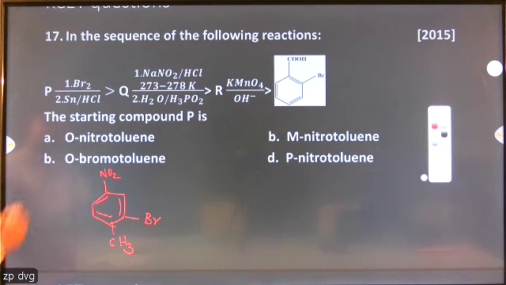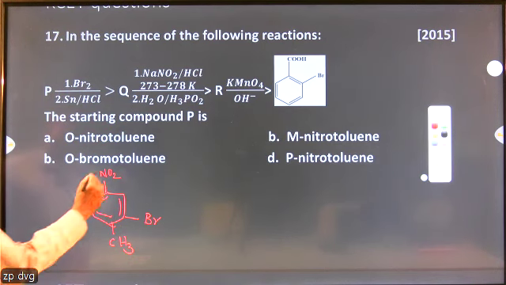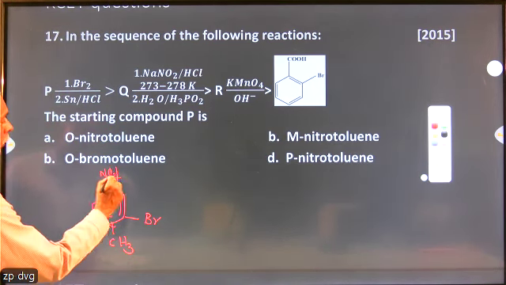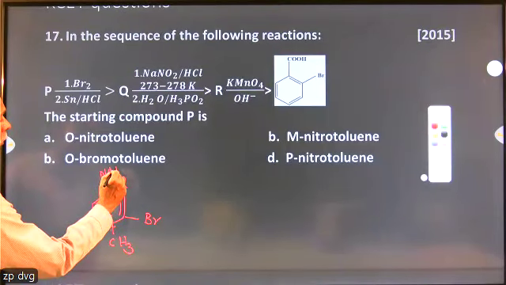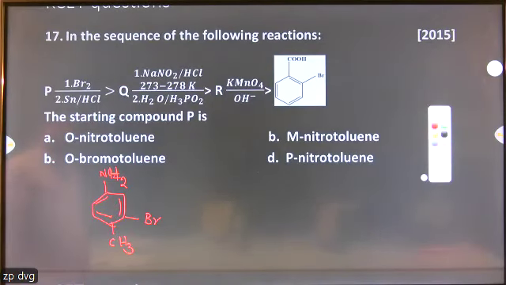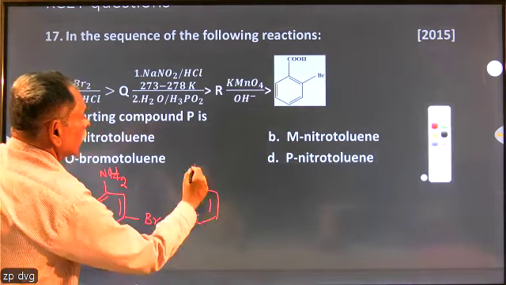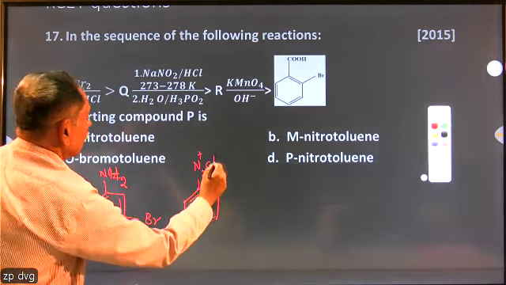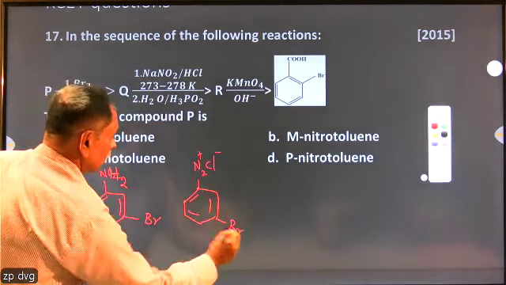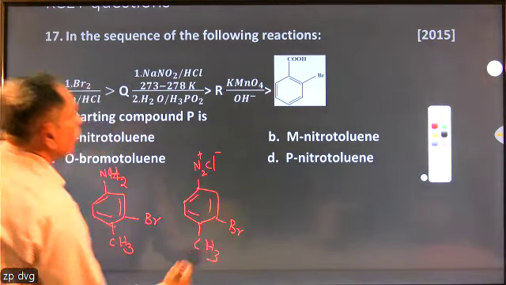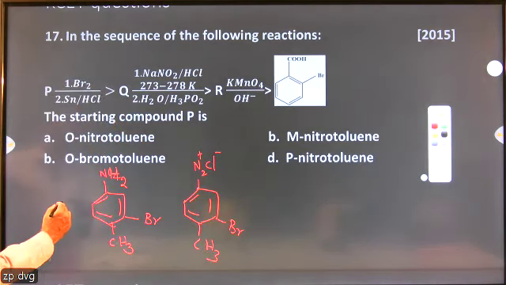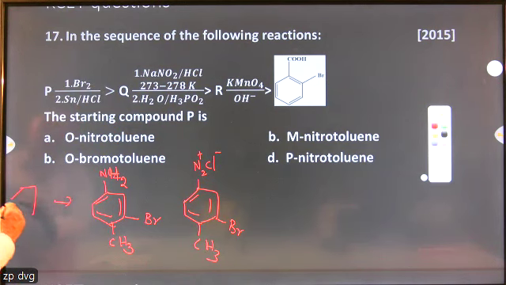Then second, reduction, here you will get NH2 group. Then if you treat that with NaNO2 and HCl, you get a diazonium salt. I have started with paranitrotoluene.